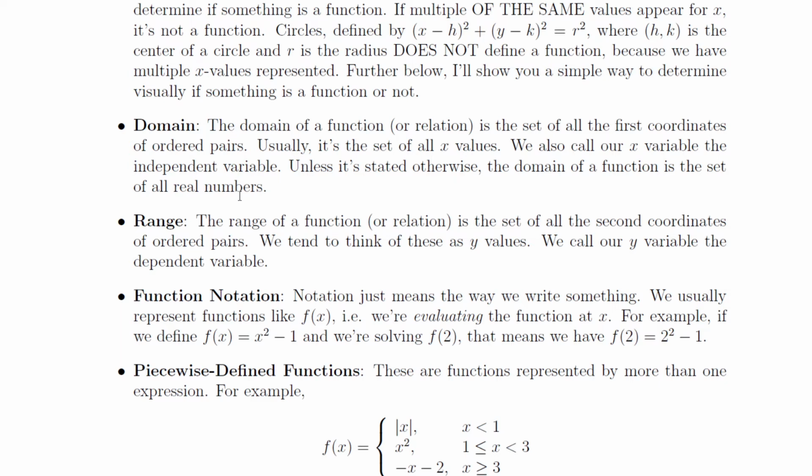The domain of a function is a set of all the first coordinates, so x values, generally, of ordered pairs. We call our x variable the independent variable. In statistics, a lot of times if you plot or graph anything that represents a statistical relationship, your x-axis will always be your independent variable.